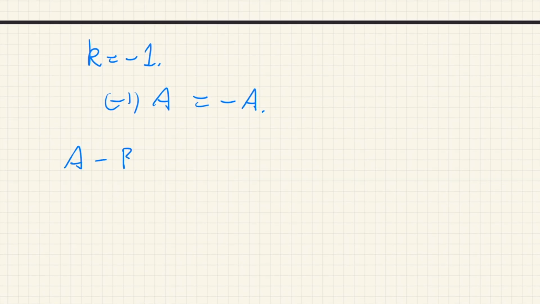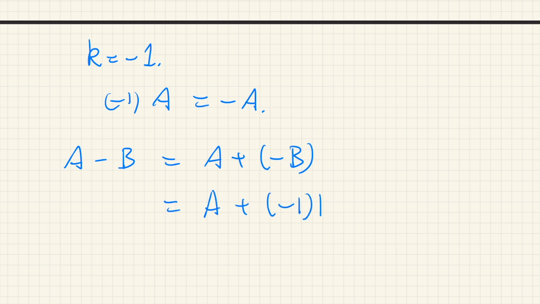So A minus B is equal to A plus -B, which is A plus -1 times B. So subtraction of matrices is just addition and scalar multiplication.